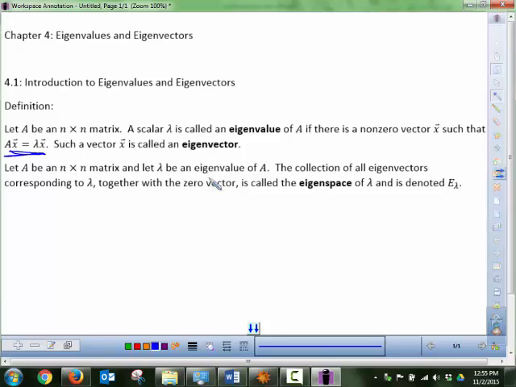All right. Before we do an example, let's take a closer look at this idea of Ax equals lambda x. And let's look at what that means. So when you take your A and then you apply a vector x to it, you get a resulting vector.